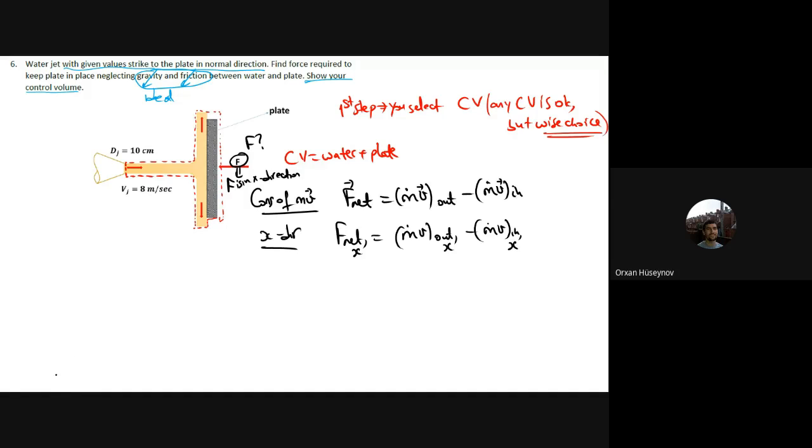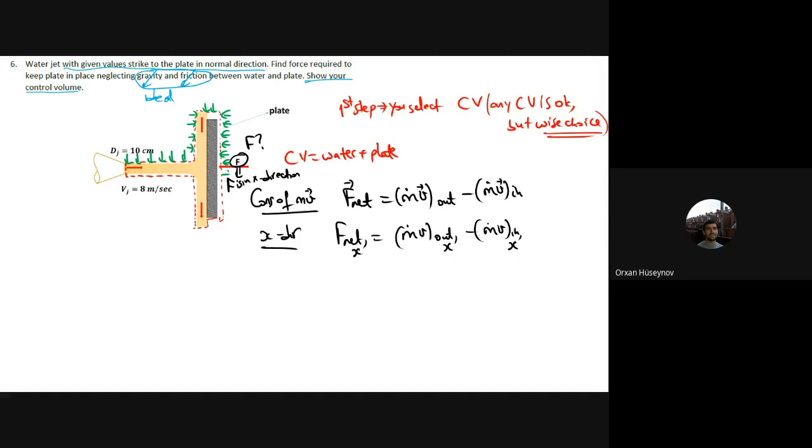Let's write the forces that are acting on our control volume. The first force is atmospheric pressure. The atmospheric pressure acts on my control volume at every point, but normal to the control volume.